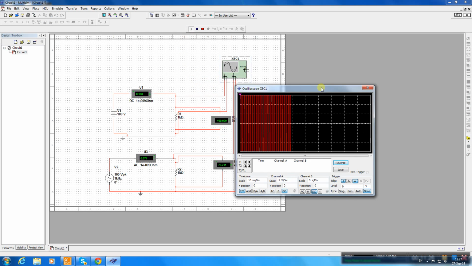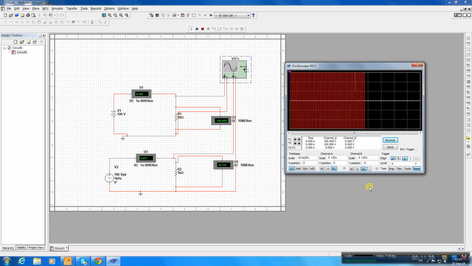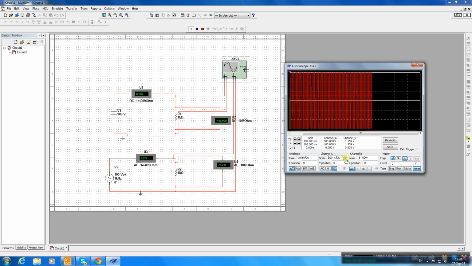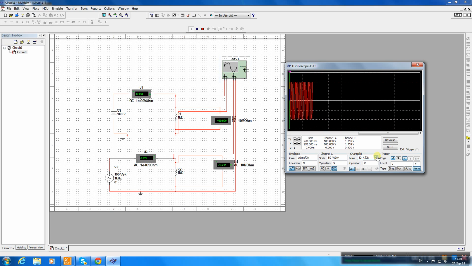Channel A is DC, yes, that's correct. Channel B should be AC. Then we set the scale and channel settings, something like that.